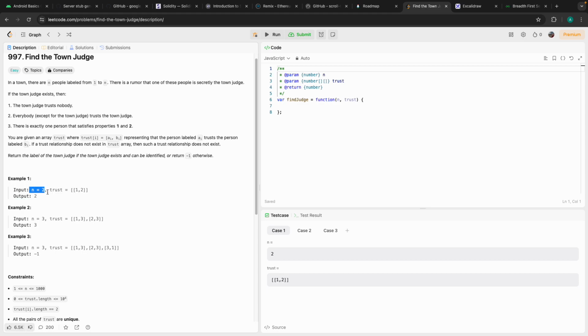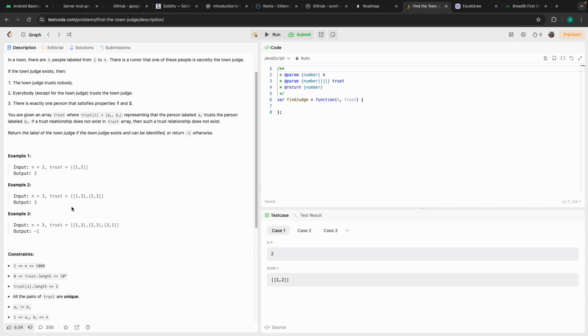Input n is 2, trust is the first person trusts the second. The second person, the judge, doesn't trust the first person, so we don't have a second pair from 2 to 1.